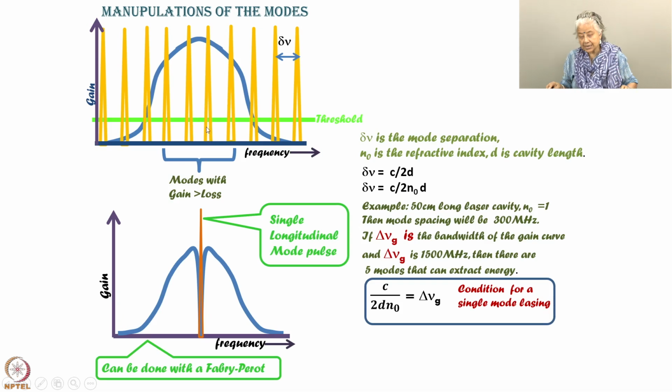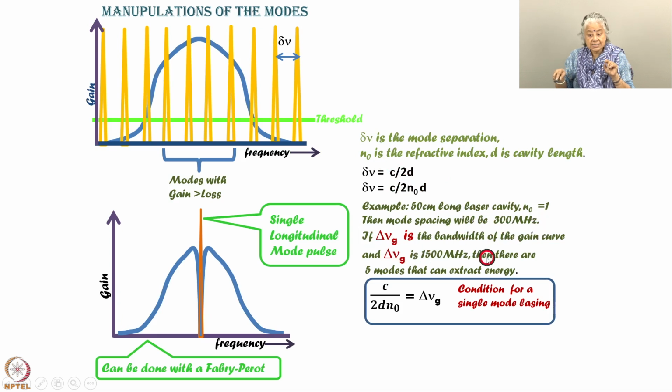Let me take an example. I have a 50 centimeter long laser cavity. That means d is equal to 50 centimeter. I assume n0 is 1. Then the mode spacing will be 300 megahertz, from this formula. Between one mode and the next there is 300 megahertz spacing.